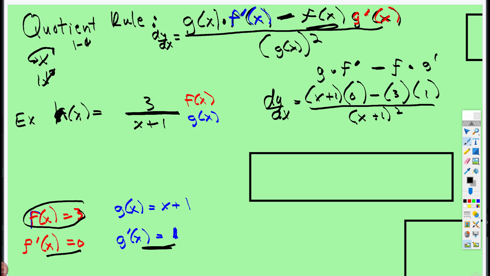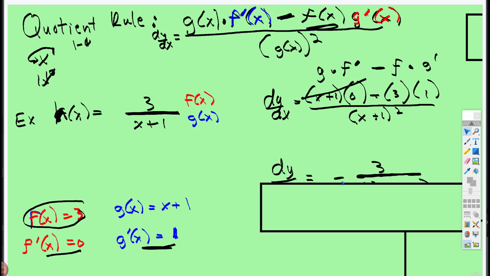So in the numerator, 0 times anything is 0, so that's going to cancel. And then there's a subtract, 3 times 1, so there will be negative 3 in the numerator. So I'll just put the negative in front of the fraction, or you could put the negative in the numerator. It's better to do this.